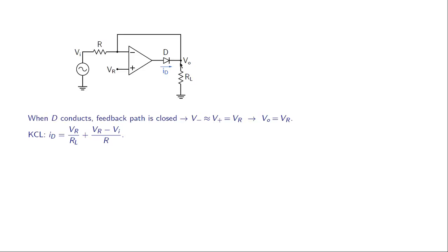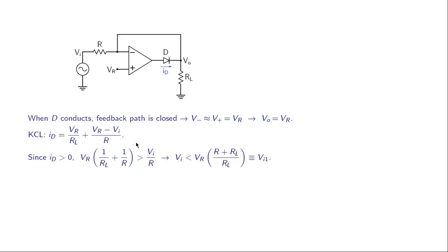So therefore this current is VR divided by RL. What about this current? This current must be the same as this current here, because the input current for the op-amp is 0, and therefore we have VR minus Vi divided by R. So that is our KCL equation.